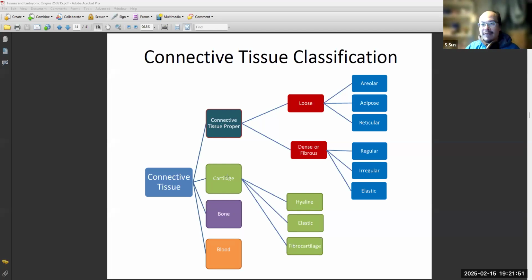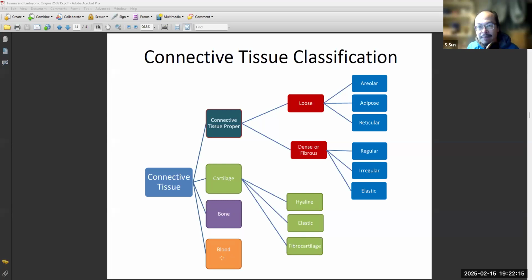On the other hand, we have another category that is called specialized connective tissue. And so these connective tissues have functions, such as cartilage. This is one connection in the junction between bones and bones. Bone is also connective tissue that is specialized.